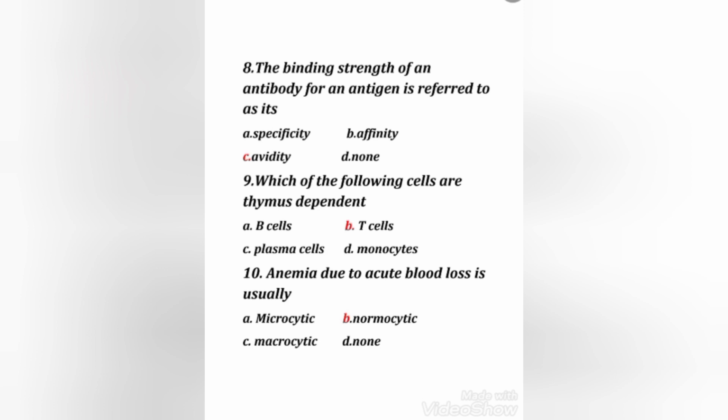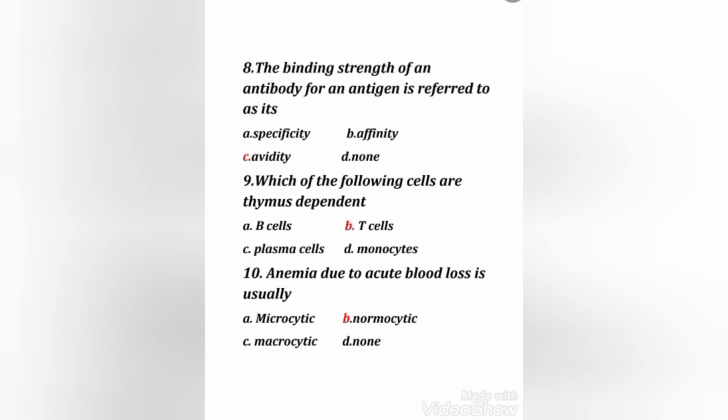Antigen-antibody reaction is specific in nature. That means an antigen combines only with its homologous antibody and vice versa. And affinity is the intensity of attraction between antigen and antibody molecule. Here the right answer is option C, avidity.